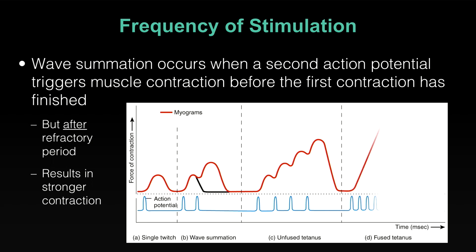But if we send those action potentials faster, there's no time to relax. If we send the action potential during the contraction phase, there's no time for the muscle or the fiber to relax, and we get this progressive building of force within the fiber. This is how we intensify the units that are already contracting.